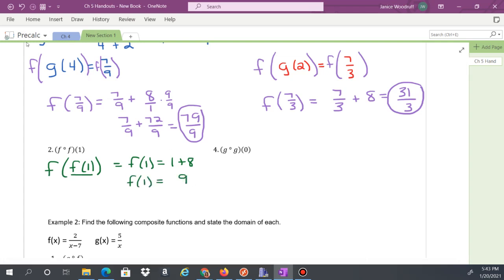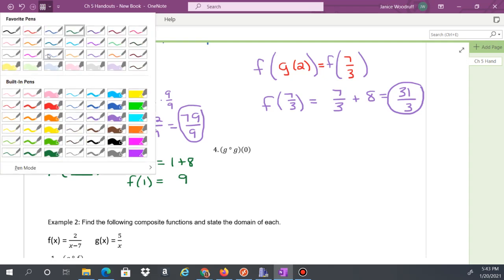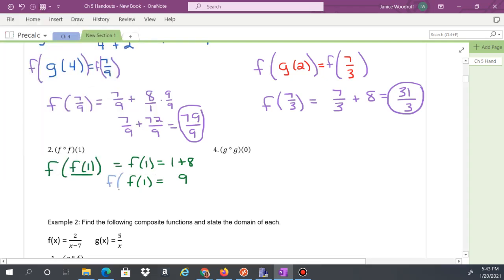Then I'm finding f of 9. f of 9 is 9 plus 8, which gives me 17.